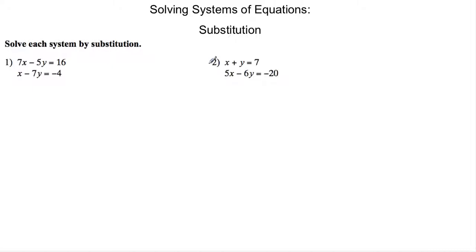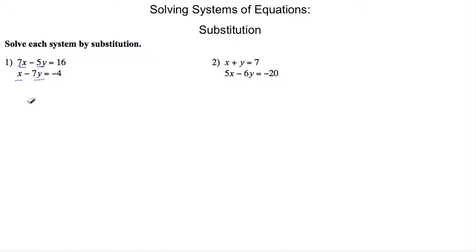Rather than solving these for y and graphing them and going through that process, I can solve using two methods. The first is called substitution. And this is where I solve for one of the variables and plug it back in. So in this first example, we can see that I have two x's and two y's between these two equations.